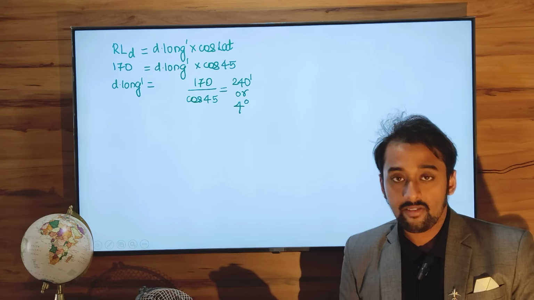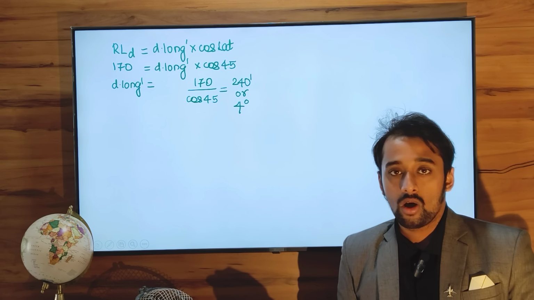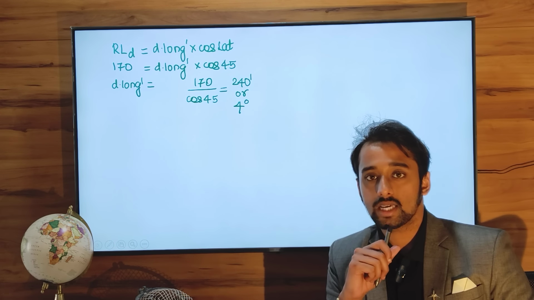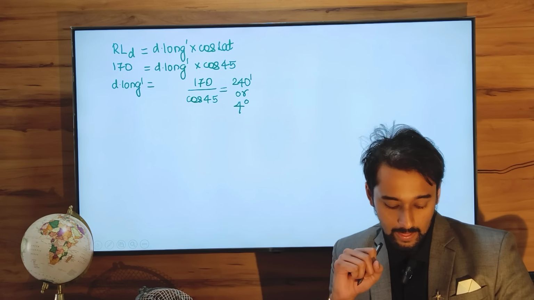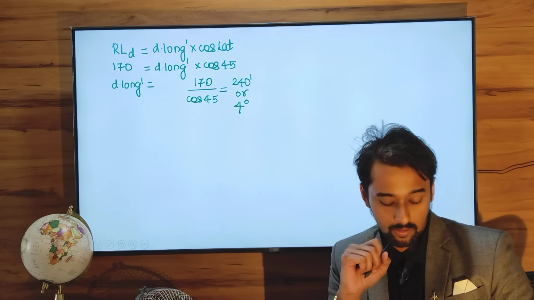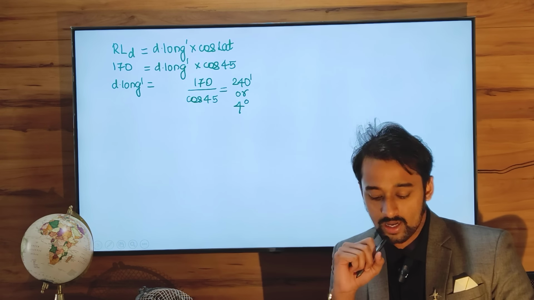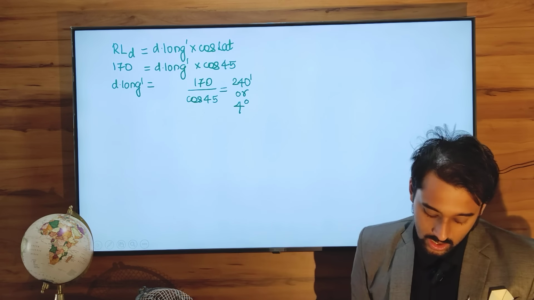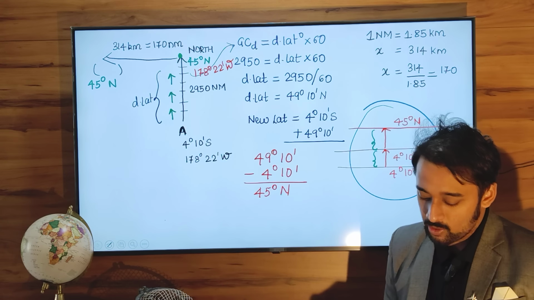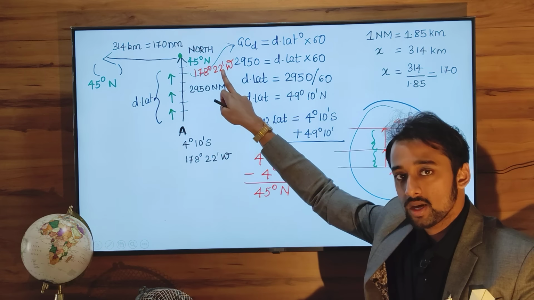So 170 equals d long in minutes into cos 45. So d long in minutes equals, cross multiplying, 170 divided by cos 45, which is equal to 240 minutes, or 4 degrees. So your new longitude will be different from 178 degrees 22 minutes west.